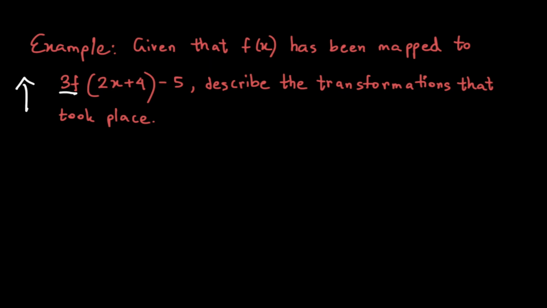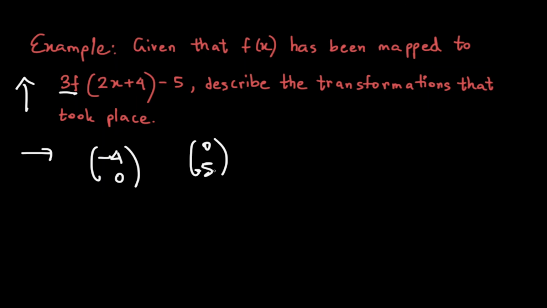Twice x means a stretch of factor half in the x direction. This plus 4 means a translation represented by the vector minus 4, 0. And this minus 5 represents a translation represented by the vector 0, minus 5.